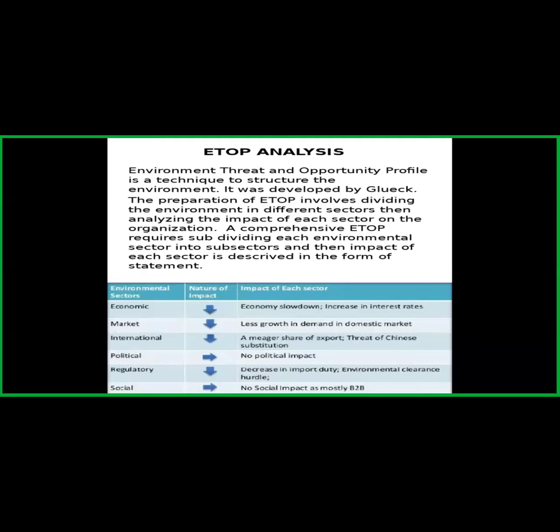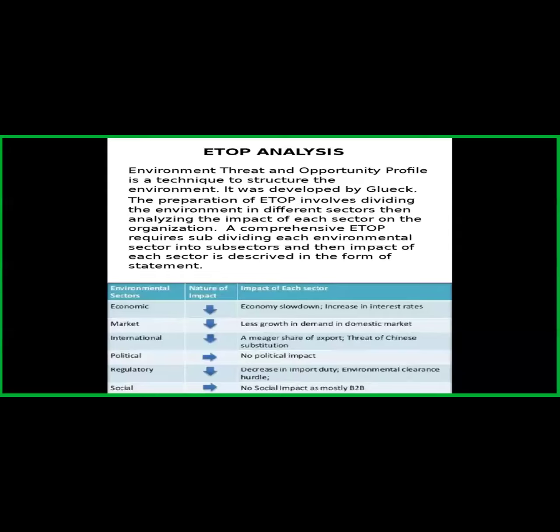International, they have mentioned again nature of the impact. They have shown a downward arrow. Why? A meager share of export, threat of Chinese substitution. Now, if the organization is into international trade, the organization is under threat. Under threat for what?